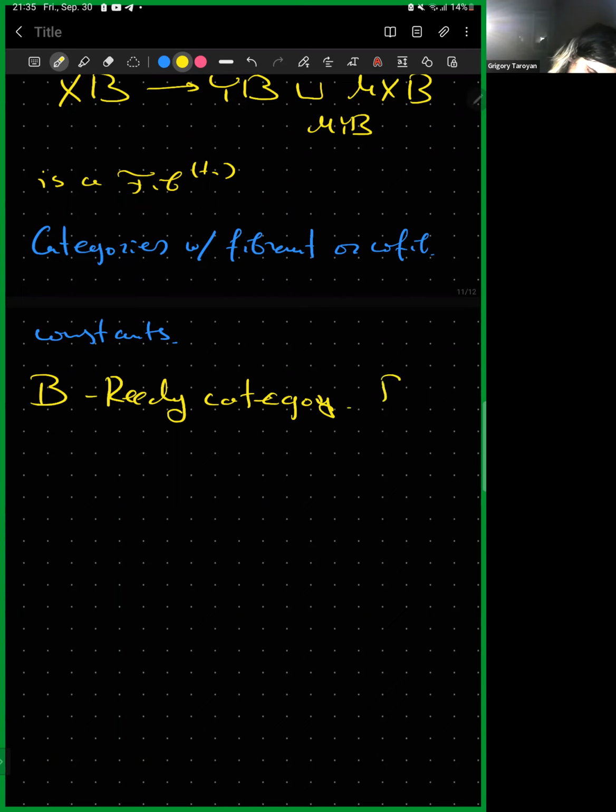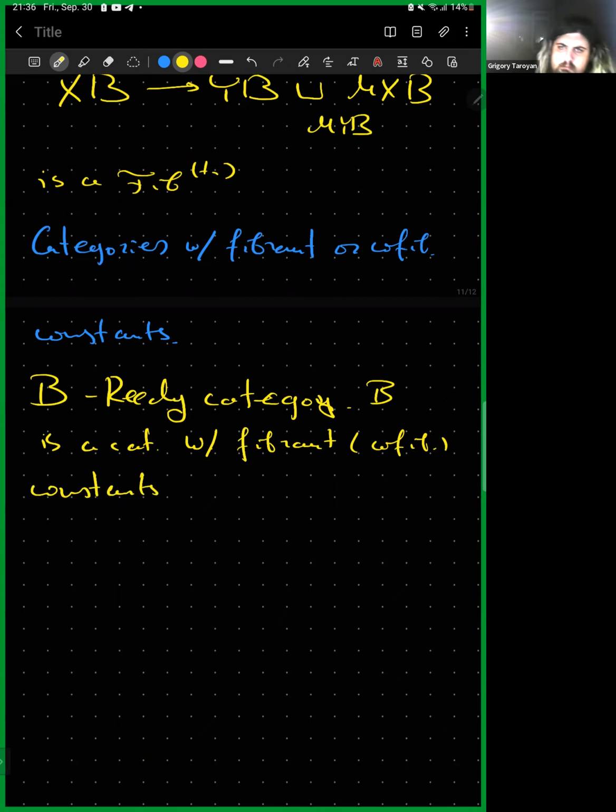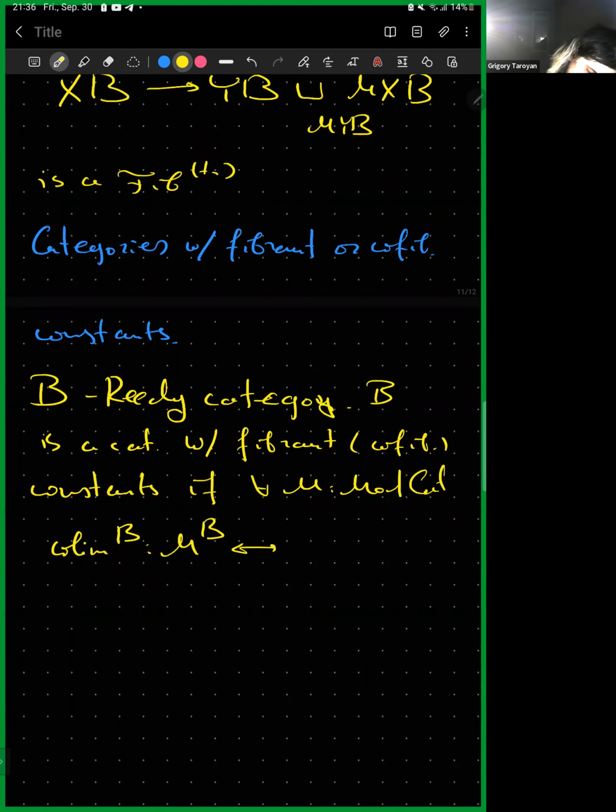And then we say that B is a category with fibrant or cofibrant constants if for every model category M the adjunction between M^B and M is a Quillen adjunction.